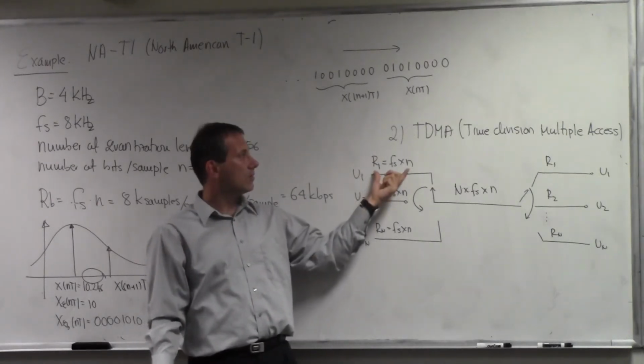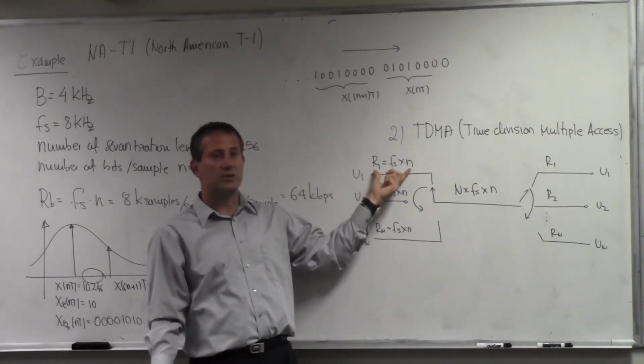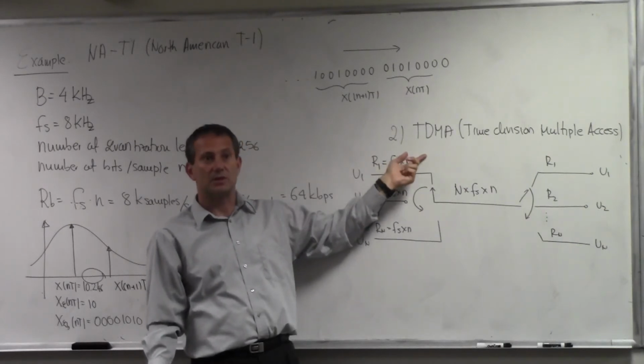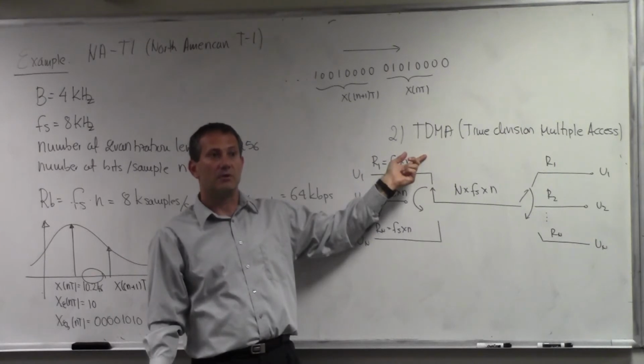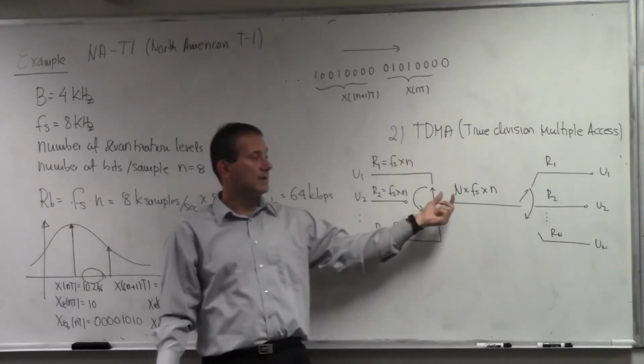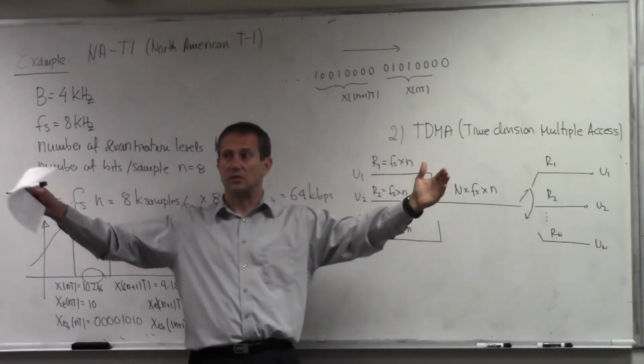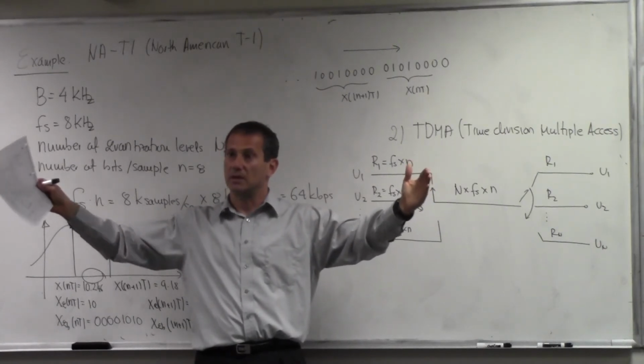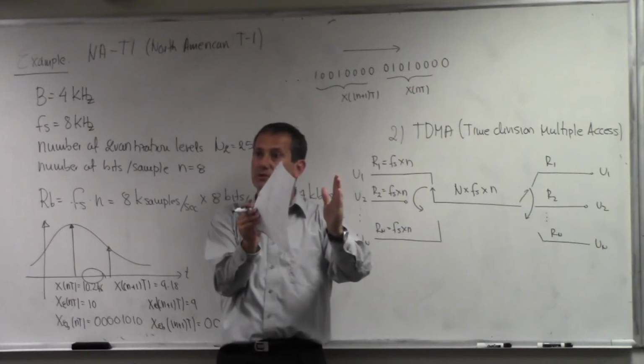Now this one, over a certain interval, accumulates Fs times n times the interval number of bits. When the time comes, it needs to send all of these bits that it has accumulated over the same frame. It needs to send them over a portion of the frame.